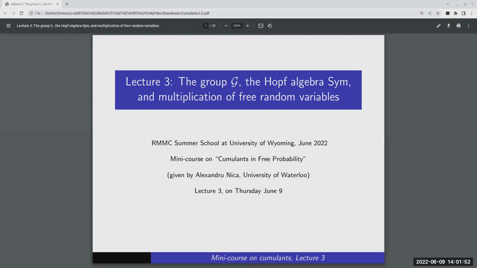It's of course venerable, at least on the time scale of free probability, because the paper of Voiculescu introducing the S transform, which handles this multiplication, is from 1987.